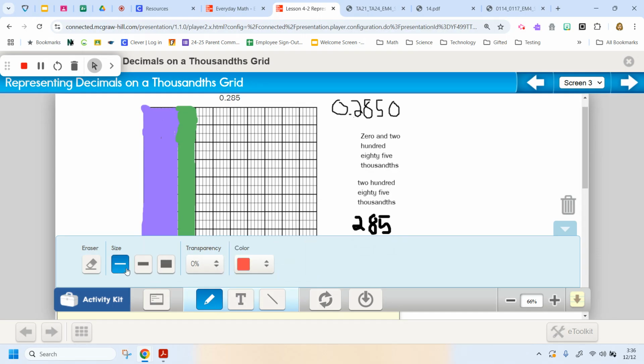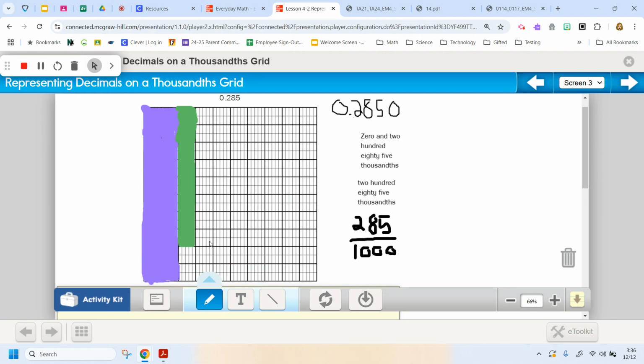And then finally our last number, and I'm going to make it really thin because it's hard to shade. We're shading in our thousandths. So how many thousandths do we have here? We have 5 thousandths. So you're shading in 5 little tiny pieces here. So you're shading in half, because there are 10 pieces in a square. You're shading in half of those.